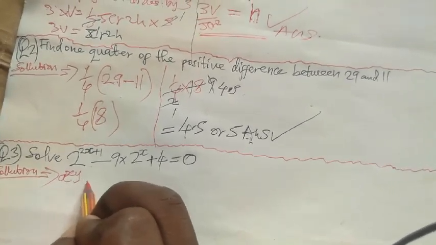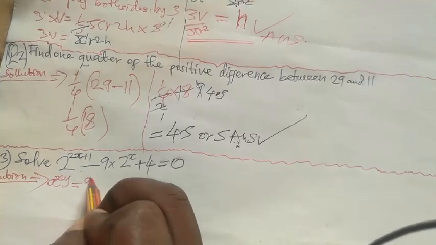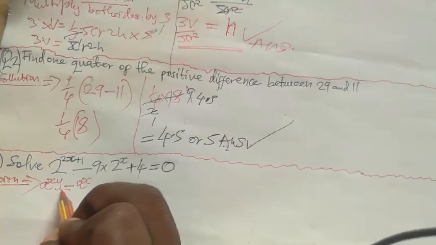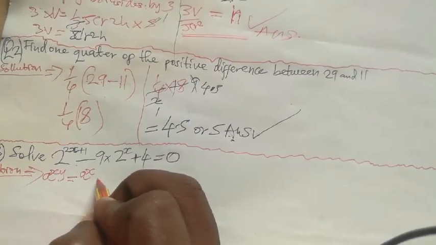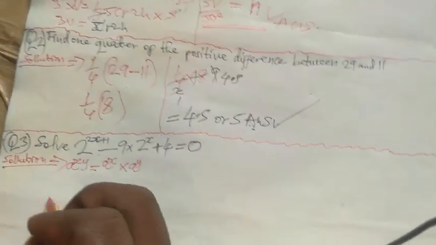a to the power x plus y is the same as a to the power x times a to the power y.